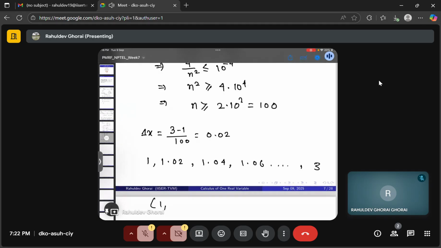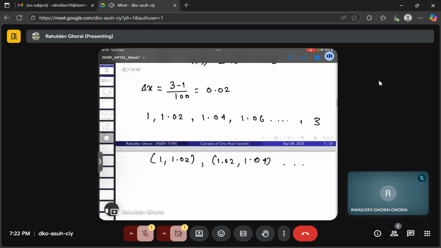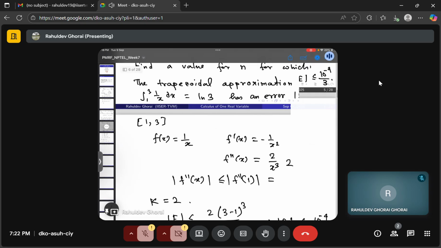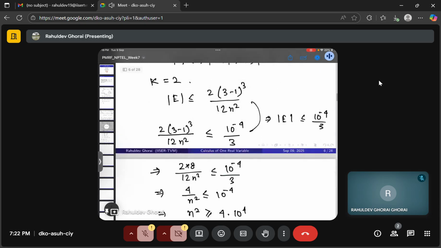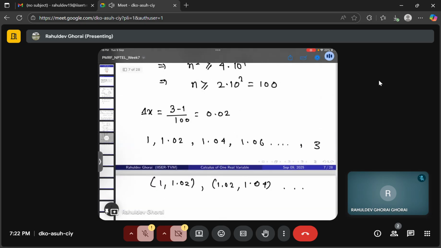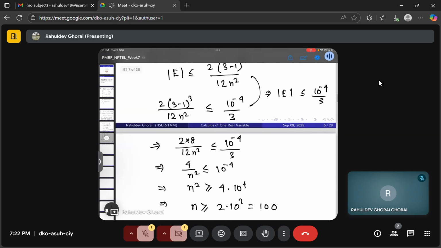So the intervals are 1 to 1.02, 1.02 to 1.04, like that. These will be 100 intervals, and so mainly you have to take 100 intervals to make this error 10 to the power minus 4.